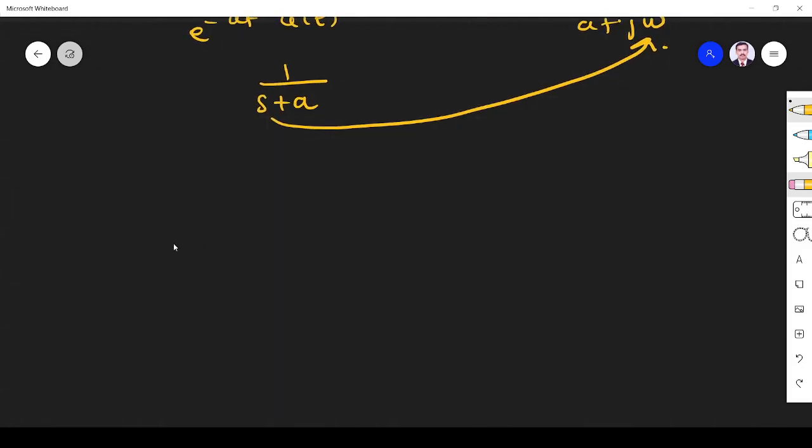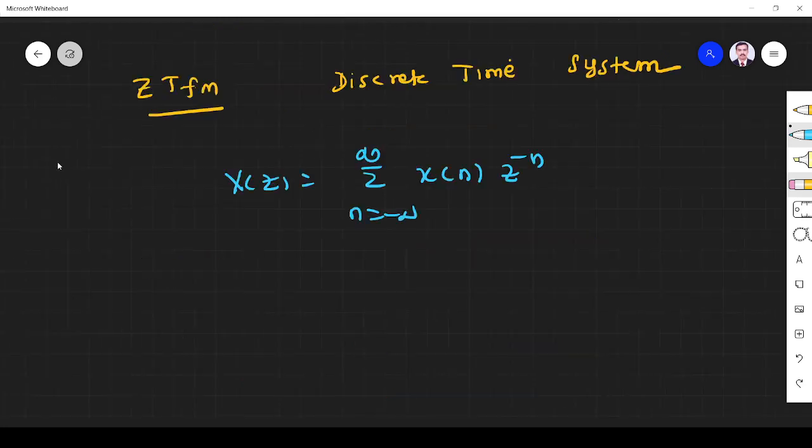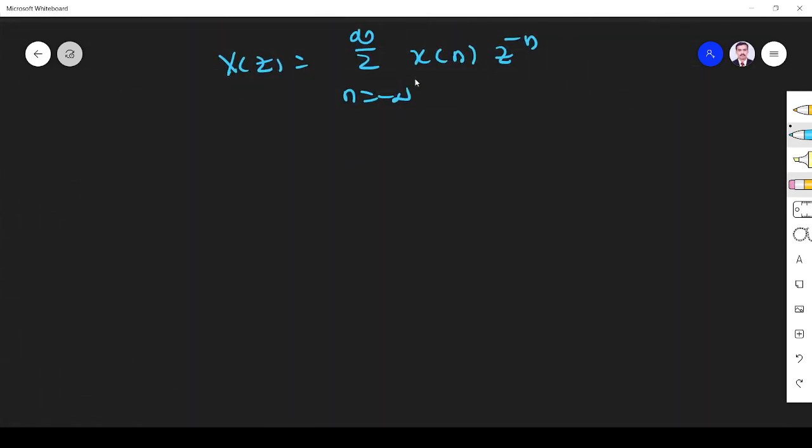Okay, similarly, next one is the Z transform. We know it is used to analyze discrete time systems, right? X of z is given by the sum from n equals minus infinity to plus infinity of x of n z power minus n, right? So you see here, the time domain signal is converted into a z domain signal.